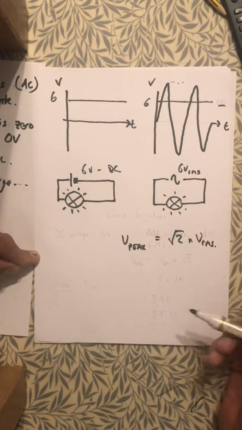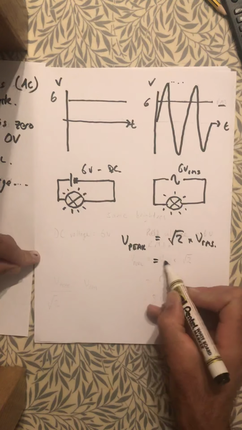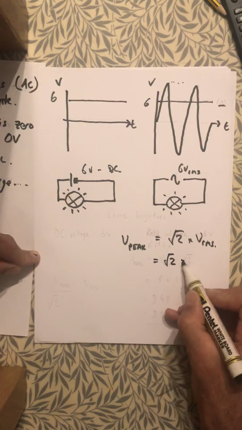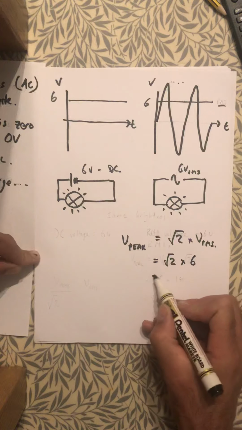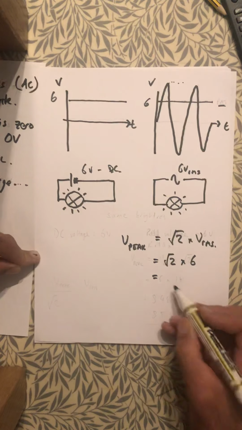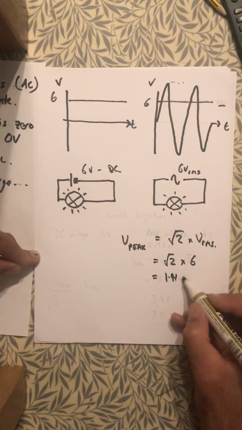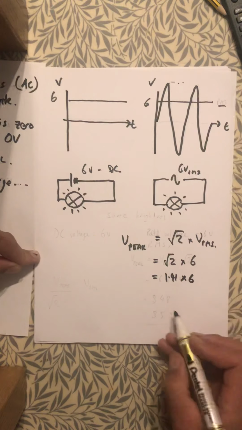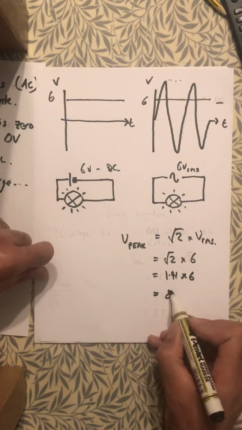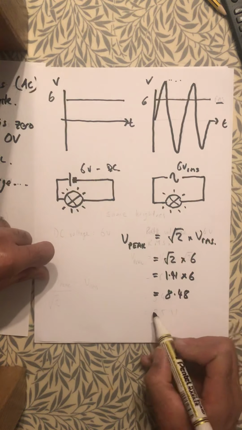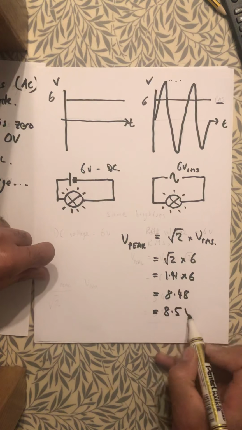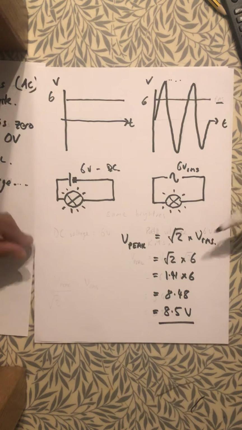Well, I can just use my equation for that. That's pretty straightforward. If I do square root of 2 times 6, and remember the square root of 2 is roughly 1.41, but I'd be using my calculator to avoid any confusion. If I multiply by 6, I'd get 8.48. So I'd be looking at basically 8.5 volts. And this is the simple way you go from V peak to VRMS.